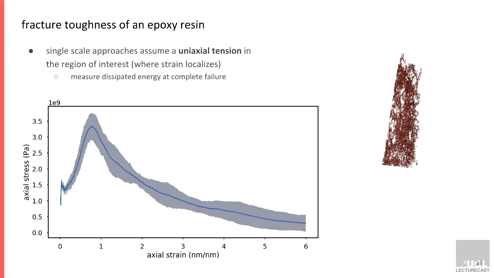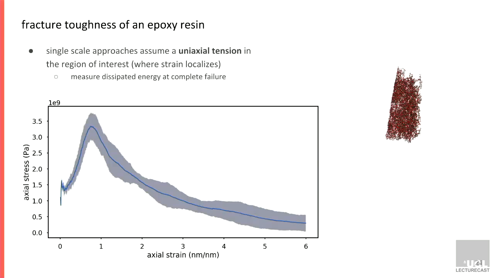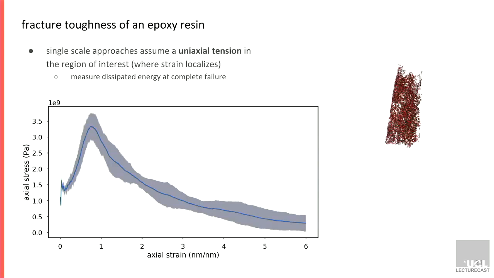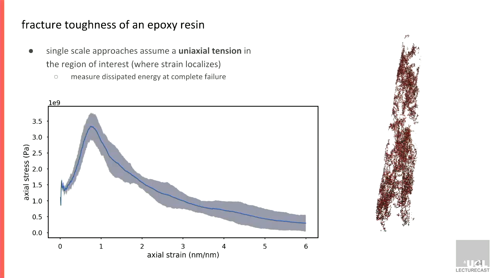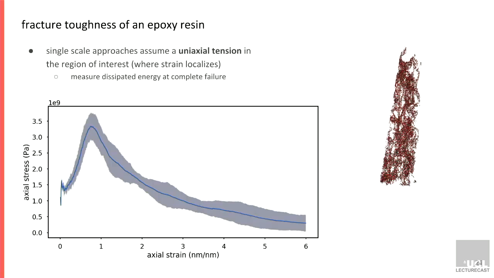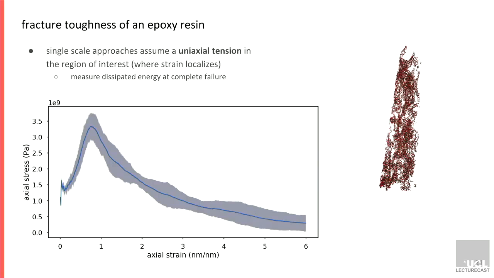For example, to assess fracture toughness, they run a pure uniaxial tension test on a batch of epoxy resin, and they get curves giving the stress as a function of the strain, and the fracture toughness is simply the area under the curve.